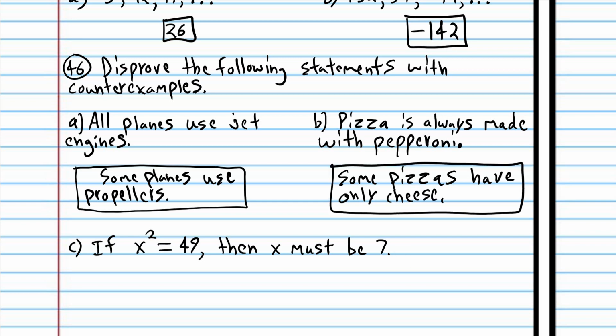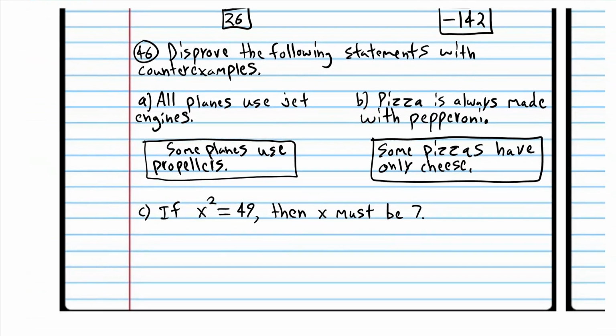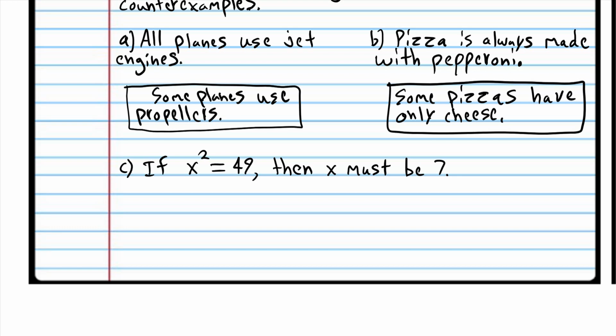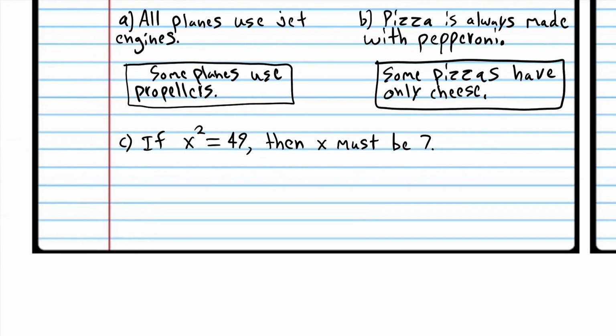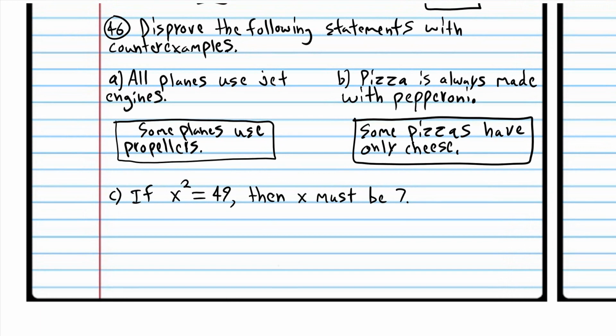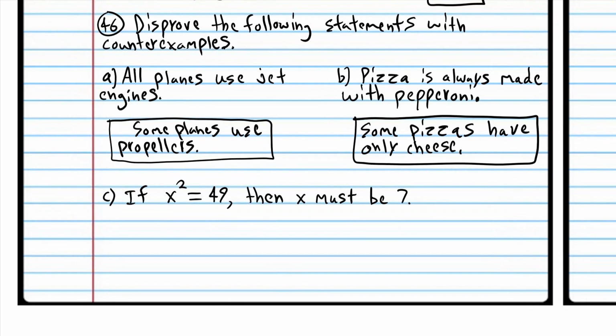It's not true that pizza is always made with pepperoni. Or maybe we should say cheese only instead of only cheese. That's probably better grammar. All right, part C is a little more difficult, so be careful with that one. It's kind of tricky. See if you can come up with a counterexample for part C. And when you come back, we'll do it together.